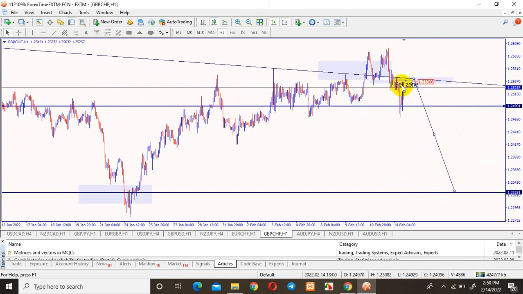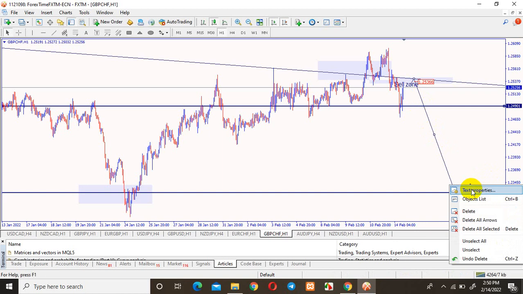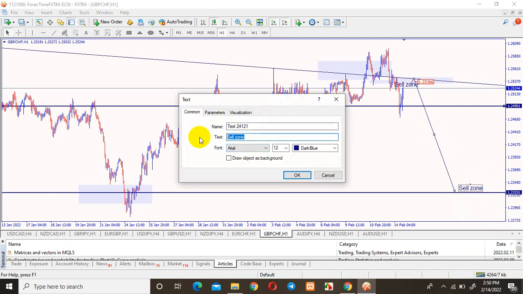So our first target zone should be, let me give it the name, target.